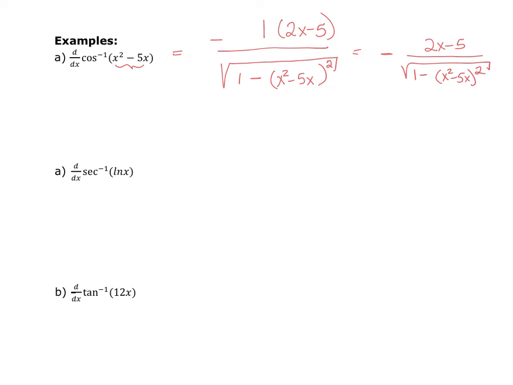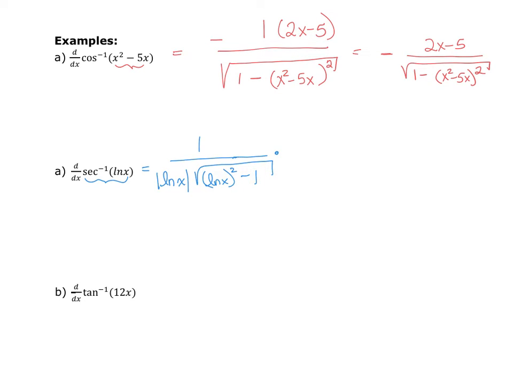This one's a little more complicated. We have an inverse secant and a natural log of x. So the derivative of the inverse secant is 1 divided by the absolute value of the argument times the square root of the argument squared minus 1.